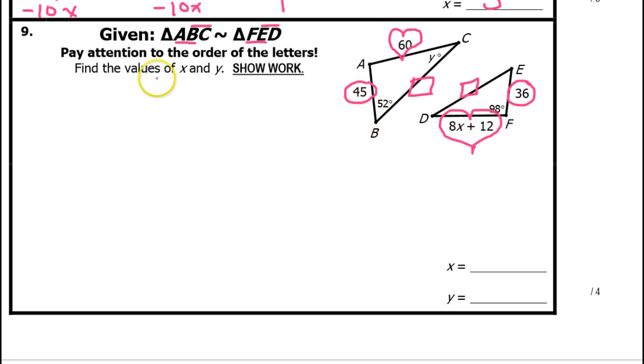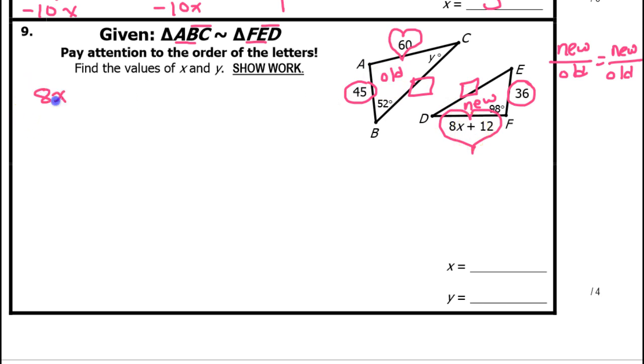Okay, so I'm going to do new over old equals new over old. Let's see. In this case, I think I'll call this triangle new and I'll call this one old. Doesn't really matter, but I like to put my x's on top.